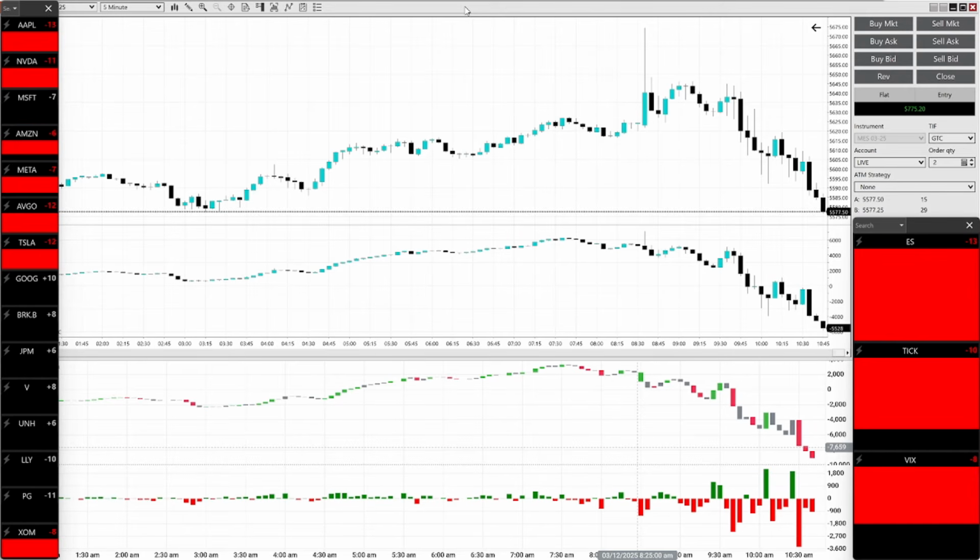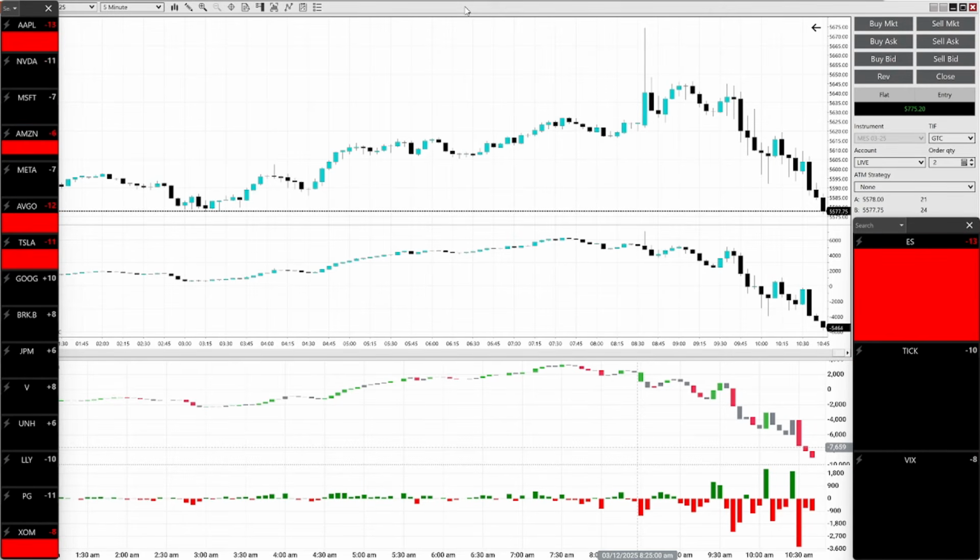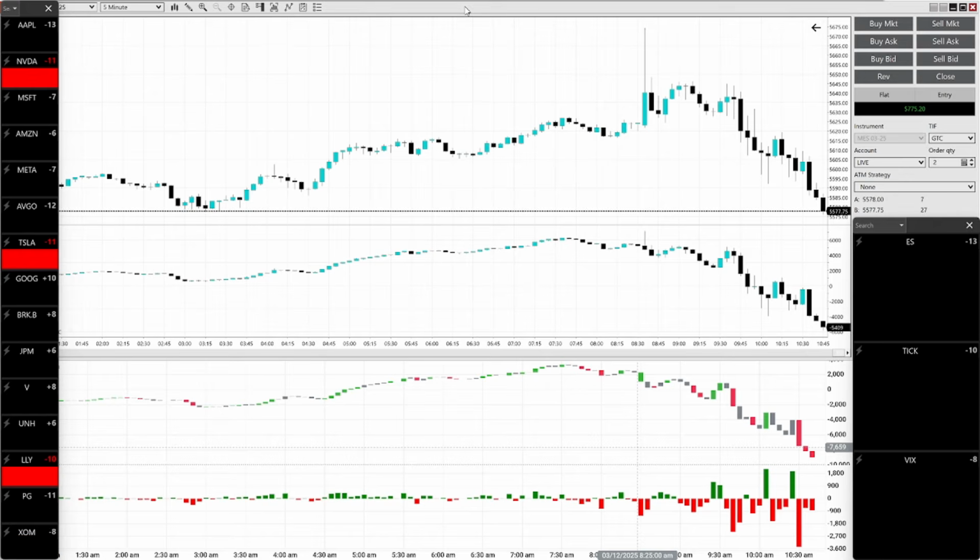If I'm not joining this, that means I'm probably looking at a specific level to catch a quick bounce. We're probably heading south into a level that I don't want to short into.